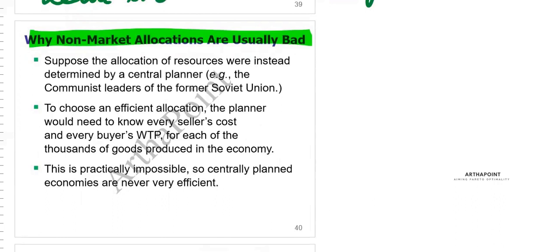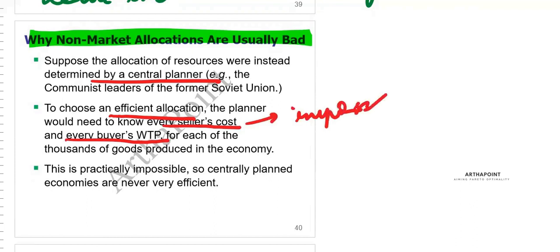So suppose allocation of resources are determined by the central planner. To know the efficient allocation, the planner would need to know every seller's cost and buyer's willingness to pay, which is impossible. You cannot know about every buyer and seller.